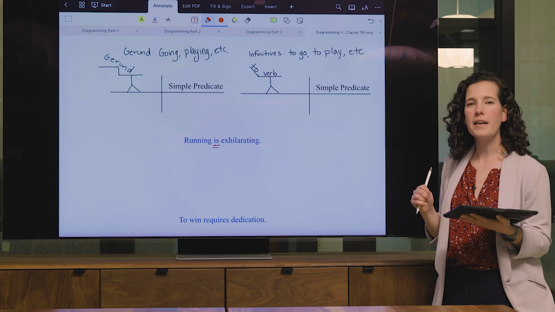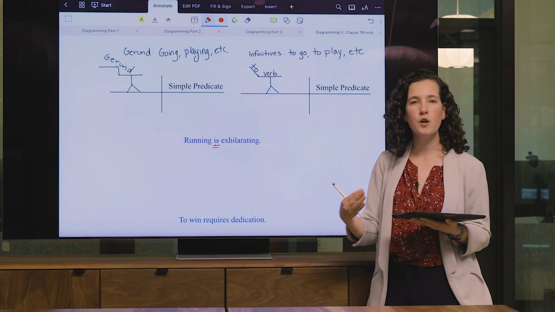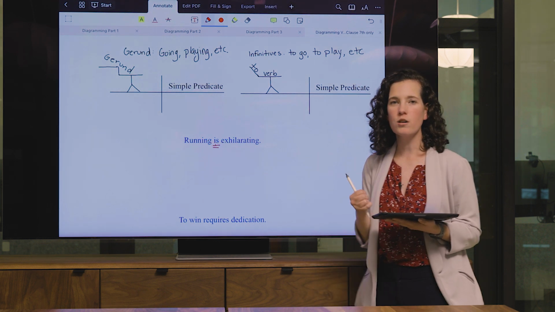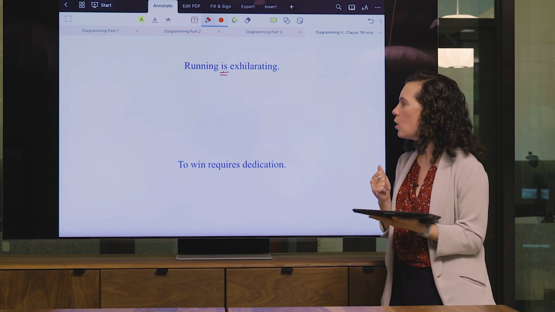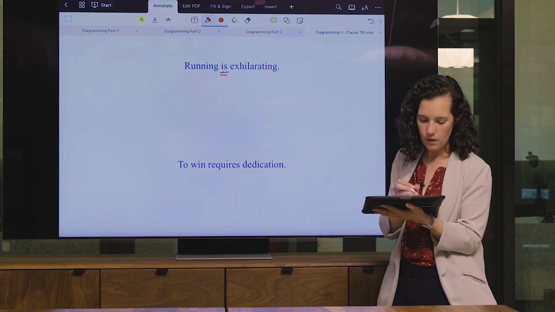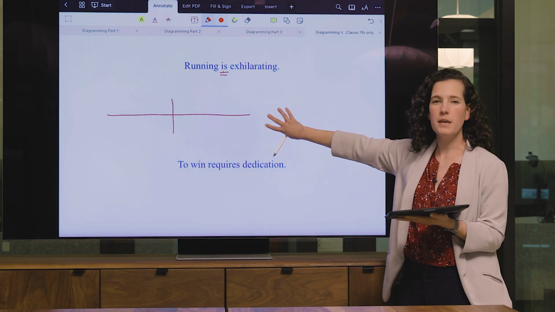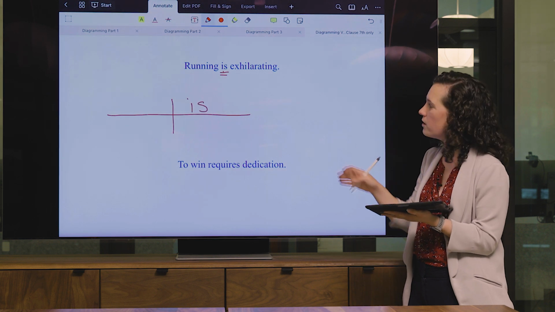But we don't diagram it like a normal subject because this is a subject that comes from the verb to run. So the action of running is our subject. To show that it is an action acting as the subject, we diagram it differently. We still have our subject and verb, always begins with this T shape, with our verb on the right and our subject on the left.